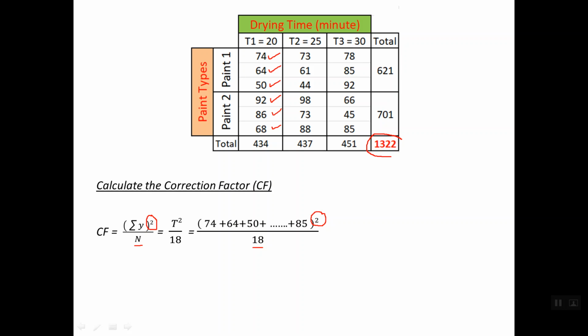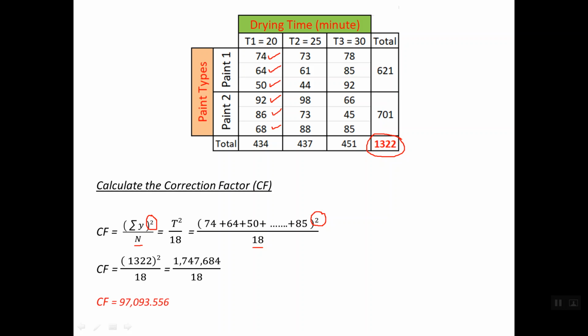So the total of the observations is equal to 1322. We square this value and divide it by 18.